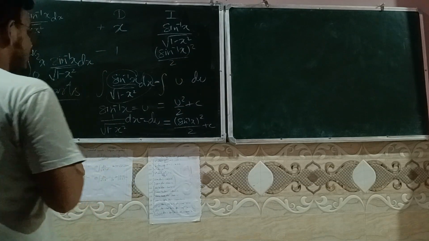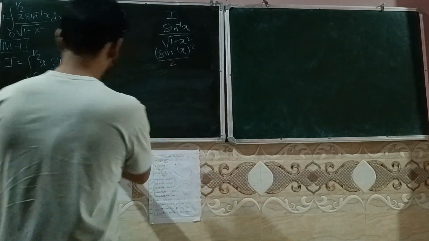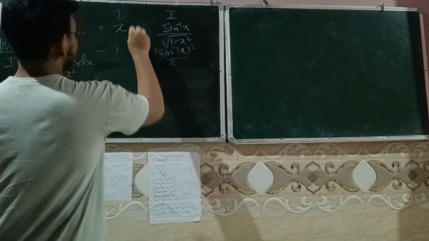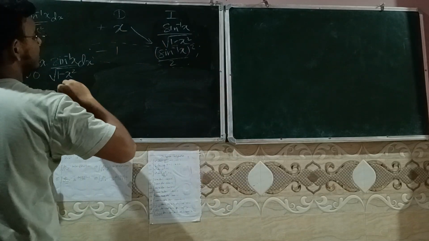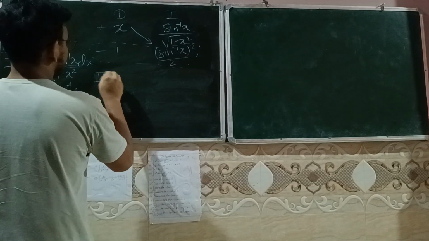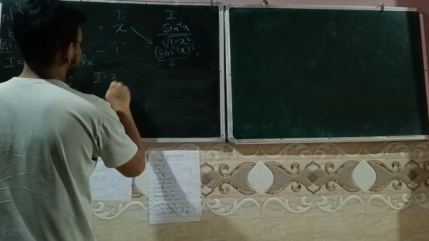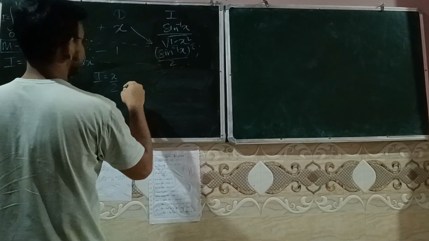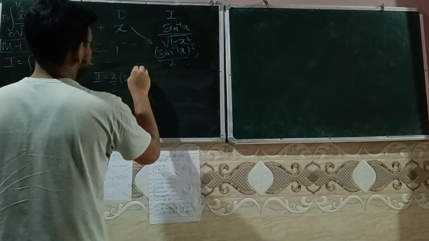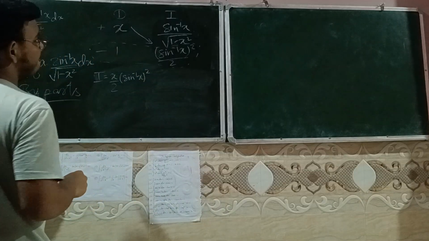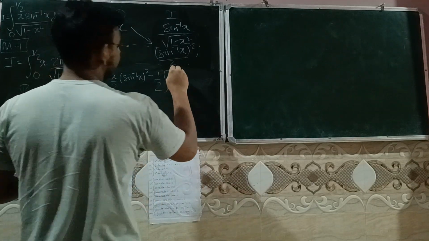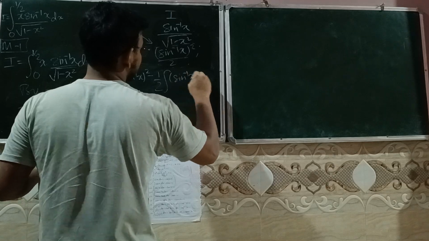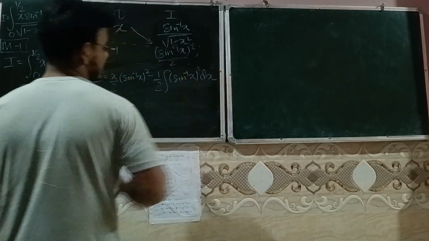Let me erase this stuff and continue with it. Now this times this, and this should be in an integral. So our I will look like this: x over 2 times sine inverse of x whole squared, and this times this, so negative 1 over 2 is taken out of the integral, and we have the integral of sine inverse of x whole squared dx.